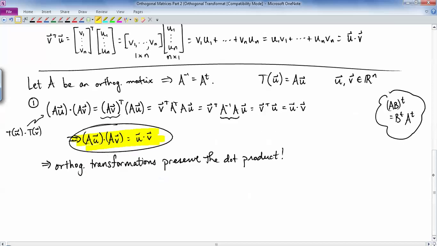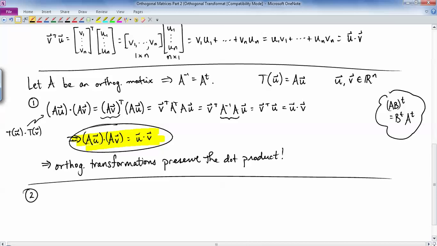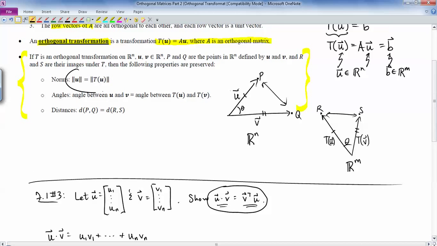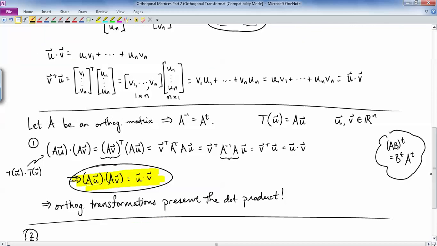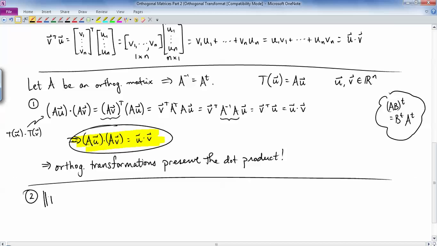Let's take a look at some other stuff. So 2. Now let's look at the norms. So up here, we're going to try and prove these two guys are the same thing. So what I'm going to do is I'm going to start with this side. Okay. So magnitude of T of U. So that's the same thing as the magnitude of A times U, right?